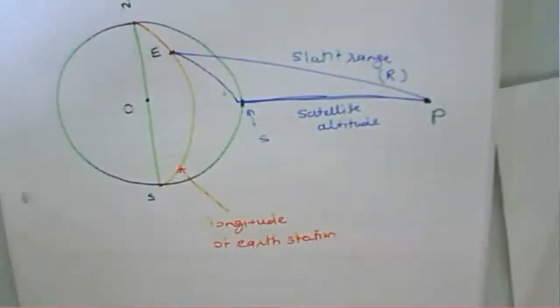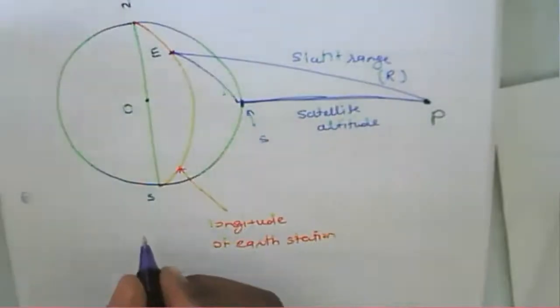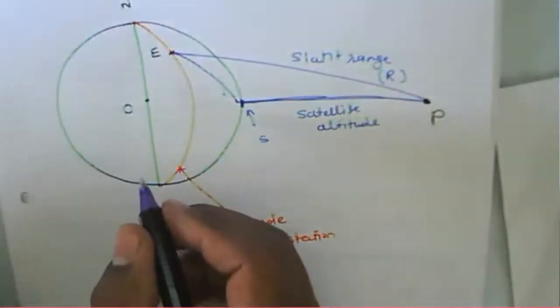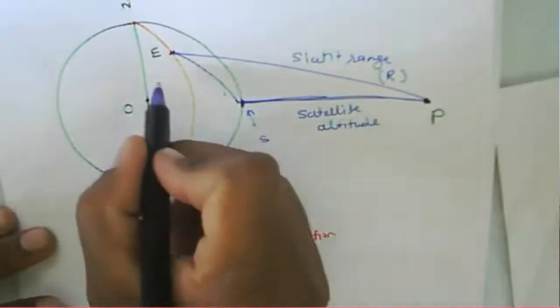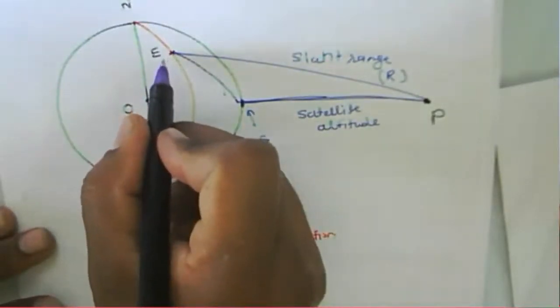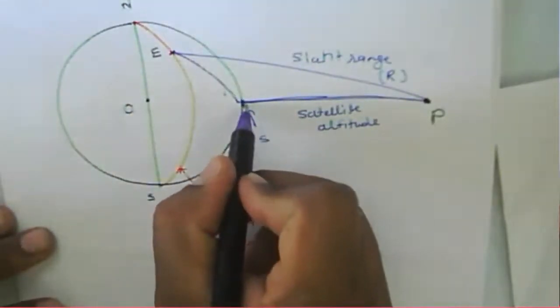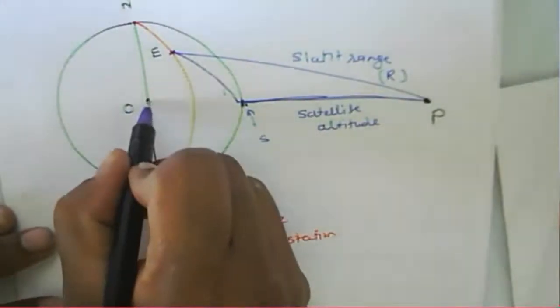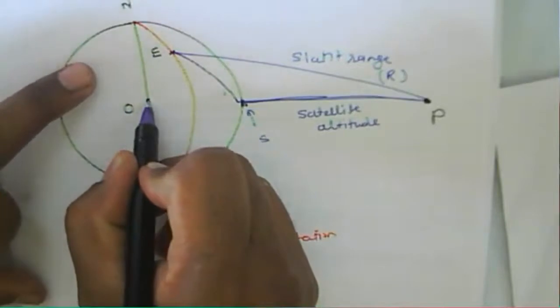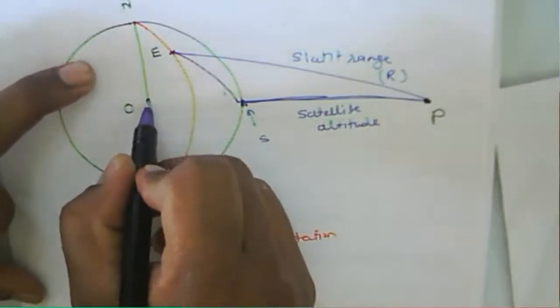Okay, that is a line from this Earth station to this sub-satellite point here. So in that case, this is what we can say a central angle from this Earth station to the sub-satellite point, and we can say that from here is your center of this particular Earth here.